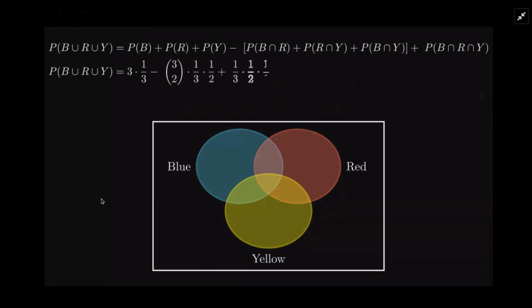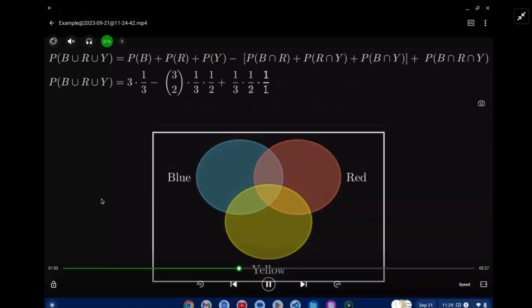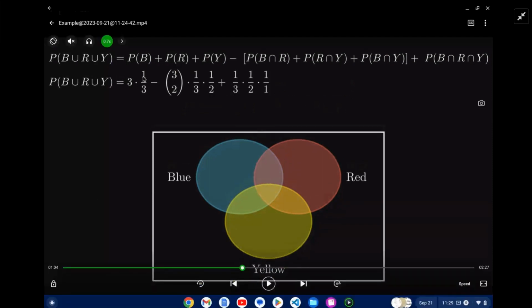Now let's pause it here and look at the actual numbers. For each color, the probability that the monkey picks up a ball and throws it in the right box on the initial throw is 1/3. So these are all the same, and we can just do 3 times that.